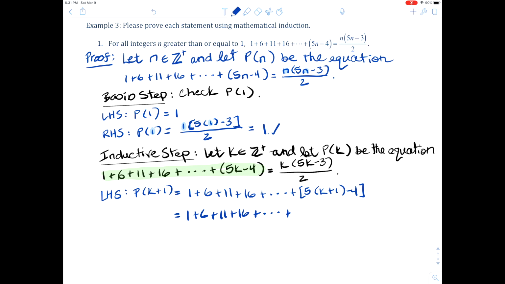Wouldn't it just be 5k minus 4, right? And then we'd be adding the simplified form of the other one, so 5k plus 5 and then minus 4, starting to simplify the one quantity. So then we'll have P at k and then plus 5k plus 1. And I'm getting the P of k from here, right?